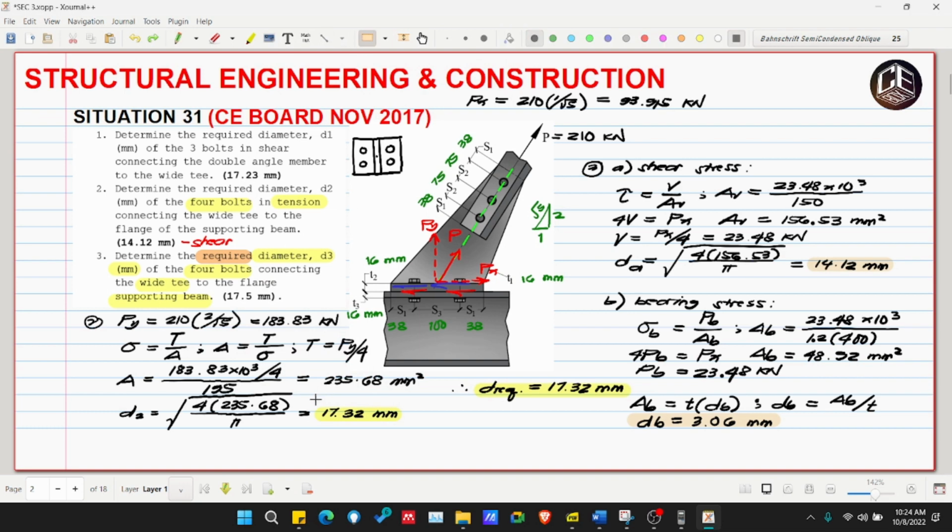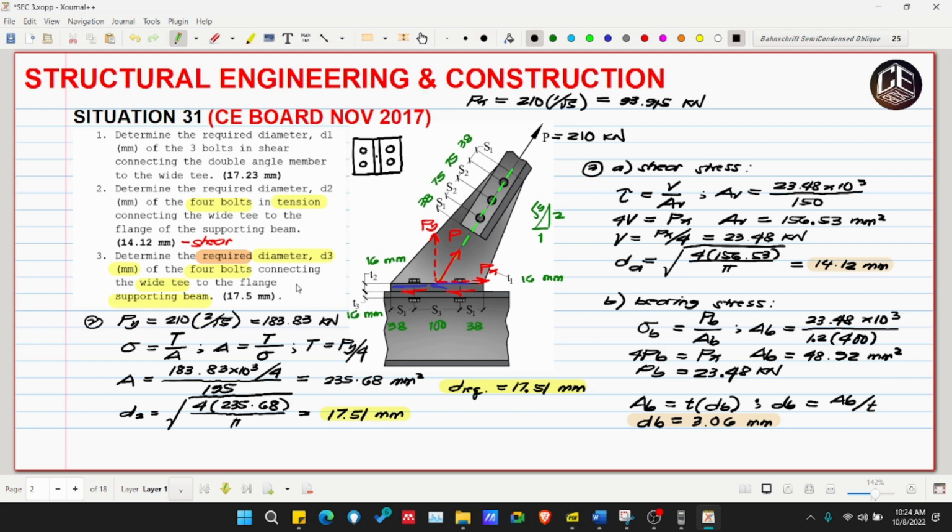And so, correct lang natin to. So, 17.51 millimeter diameter. And therefore, ang ating D required is equivalent to 17.51 millimeter diameter. Yeah.